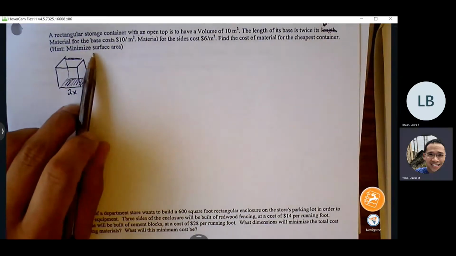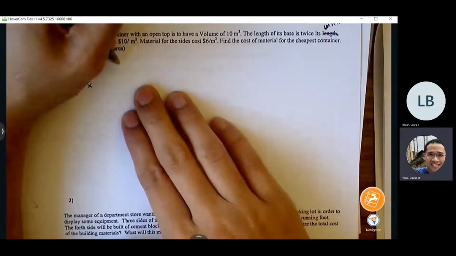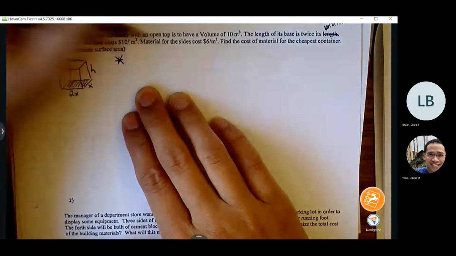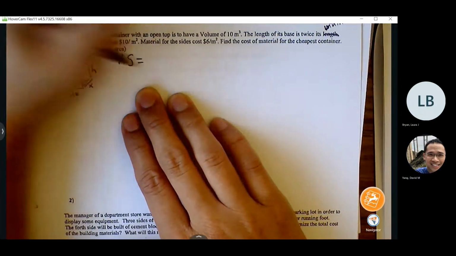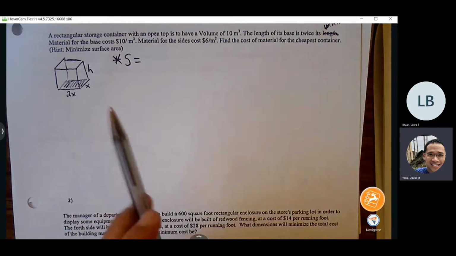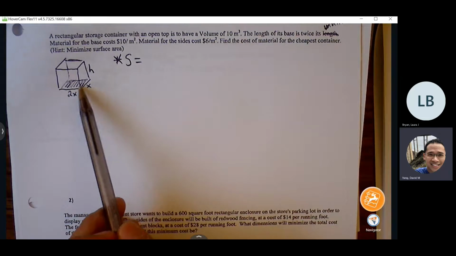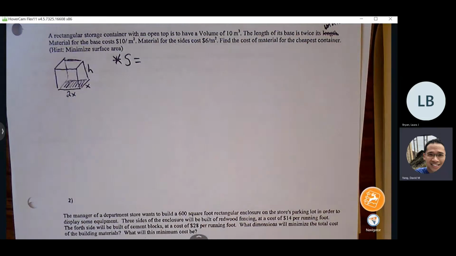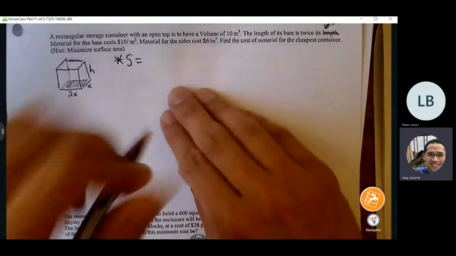Okay, so we're trying to optimize surface area. So we've got to build our surface area formula. Surface area, we're just adding up the area of the surfaces. What's the area at the bottom? Yep, that's 2x squared.